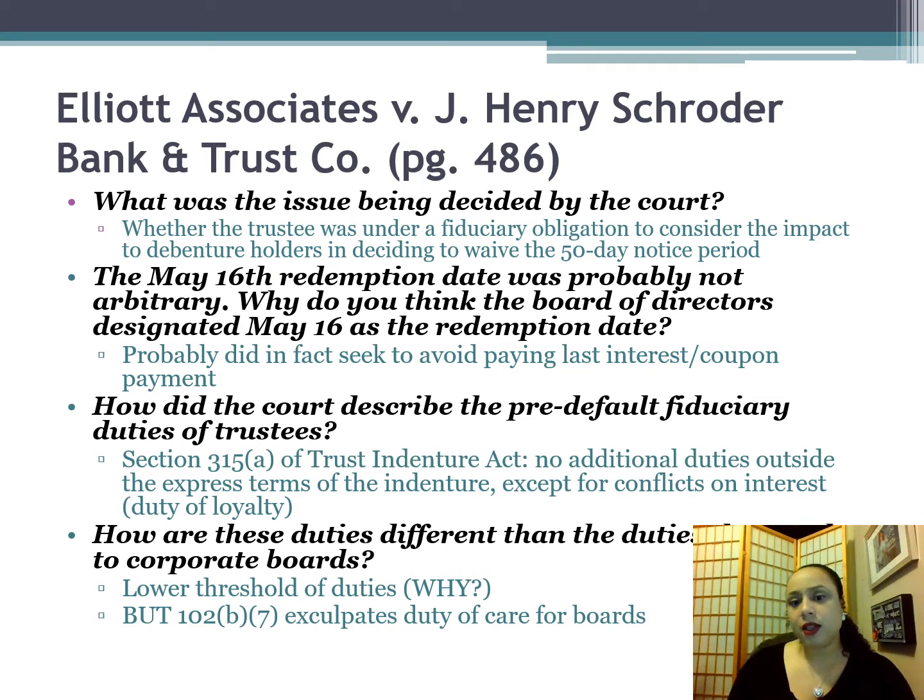Okay, so just to be clear, we have to draw a line in the sand here. So for when the trustee is exercising its duties, when the company is doing well, this is pre-default land, the company is not in default in terms of its ability to pay its obligations to creditors. Company is doing well.